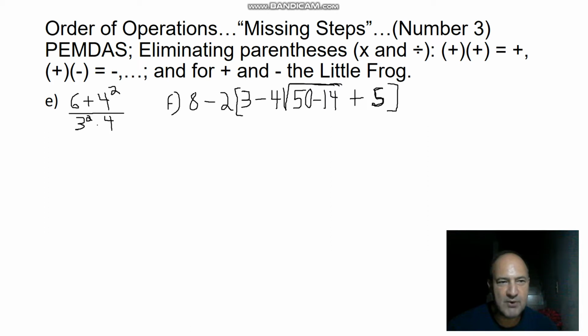Let's begin with letter E. Go directly to the problems, because what I need to practice with you here is how we can solve all these numbers. For example, concentrate on letter E: 6 plus 4 raised to the second power, everything divided by 3 raised to the second power times 4.